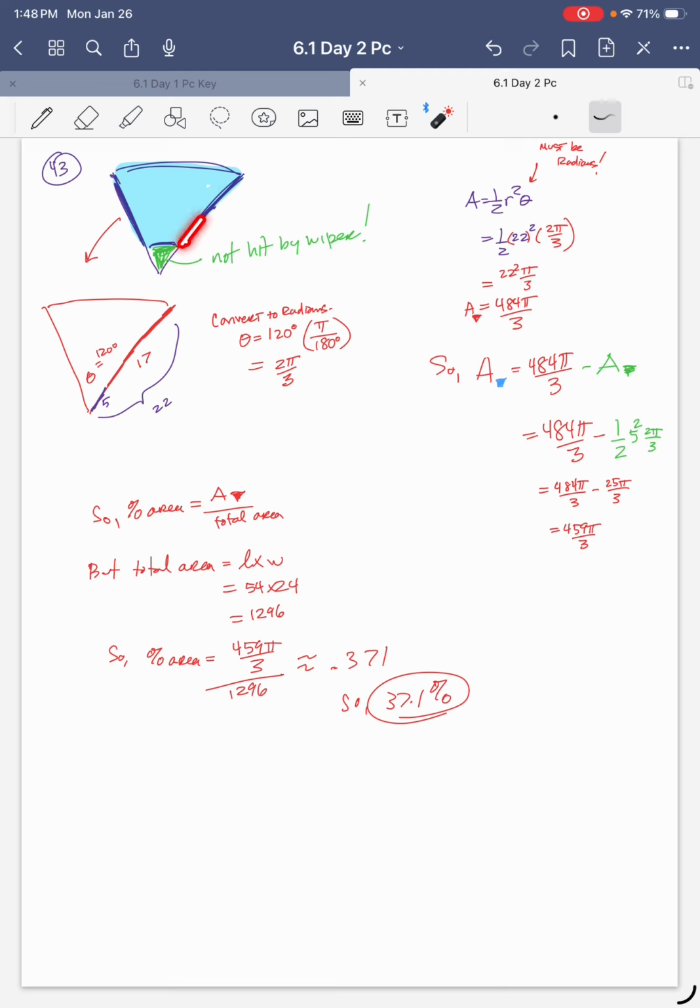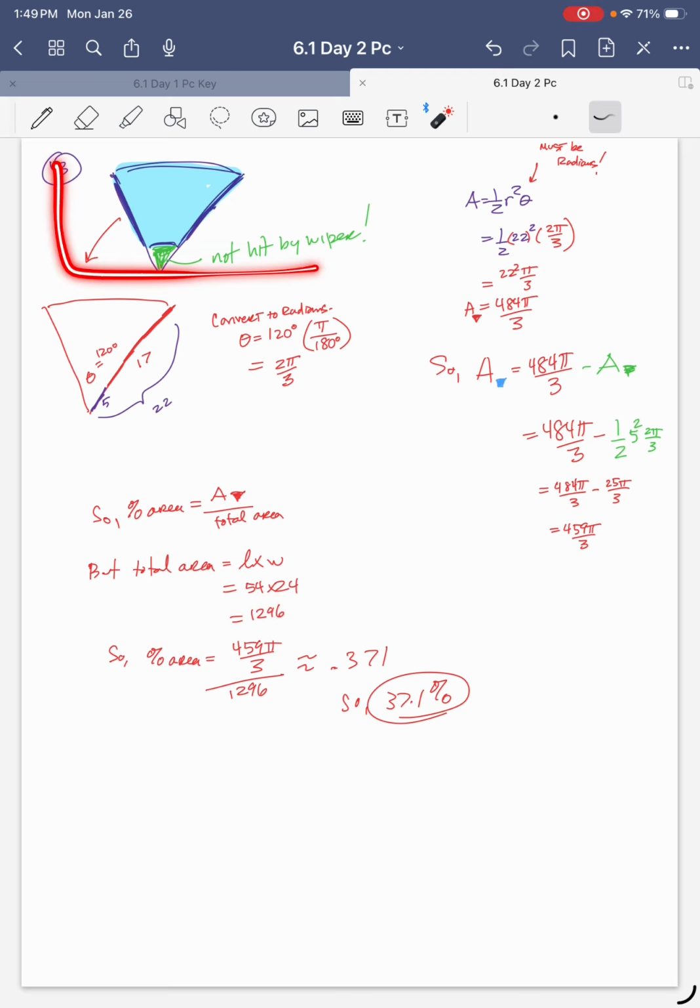So we've got a windshield wiper, and notice here's the wiper, and it wipes through a distance here to create an area. This part down here does not get hit by the windshield wiper. And here's what we want to know. We want to know what percent of the entire windshield gets wiped if, well, first off, we know that the total area of the windshield is 54 by 24. And 54 by 24 is 1296.